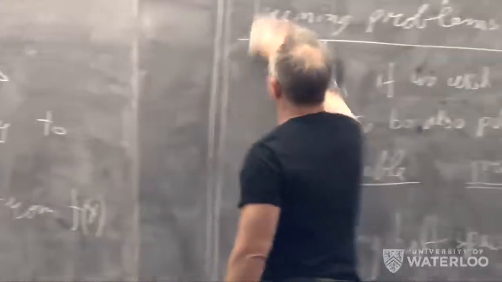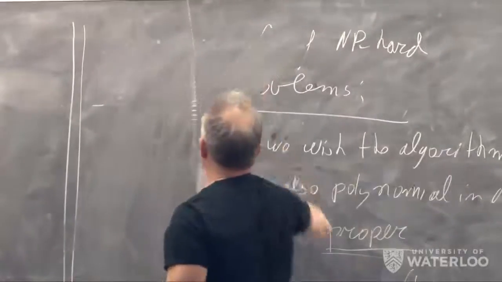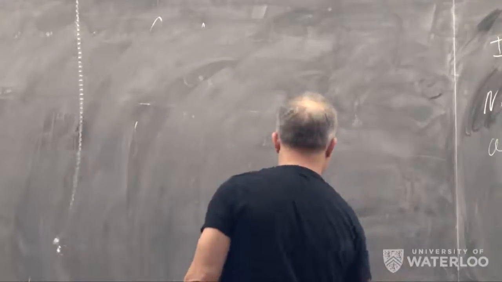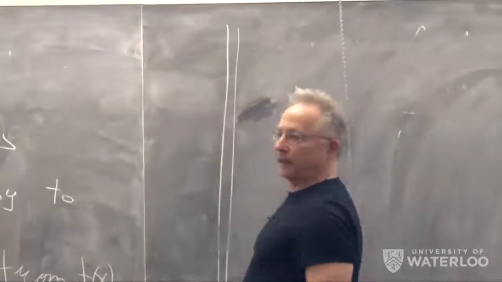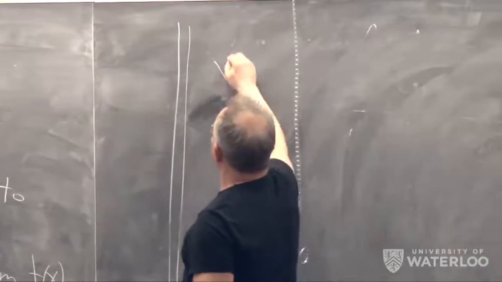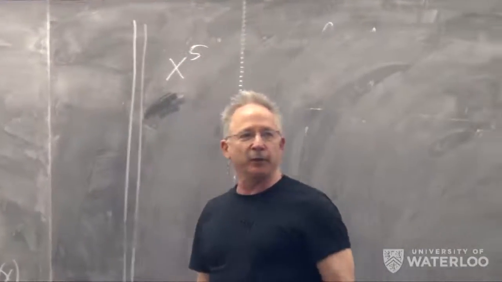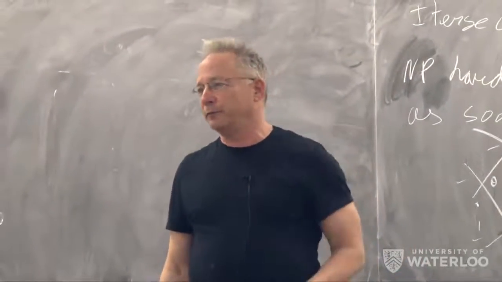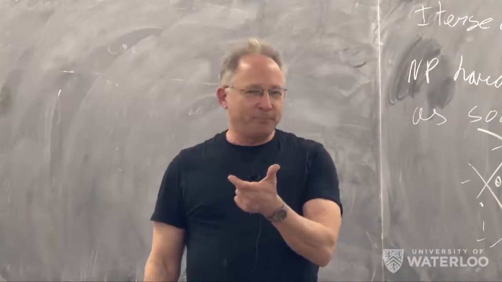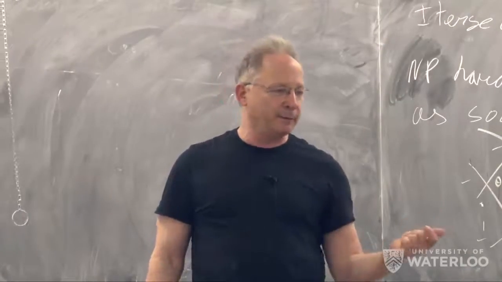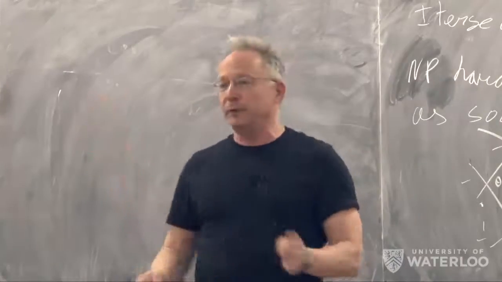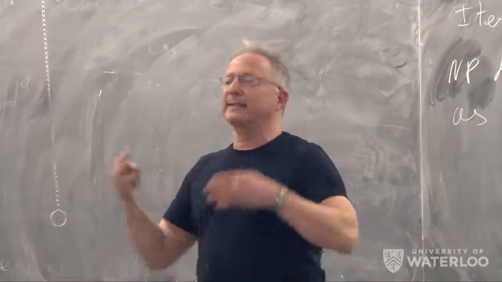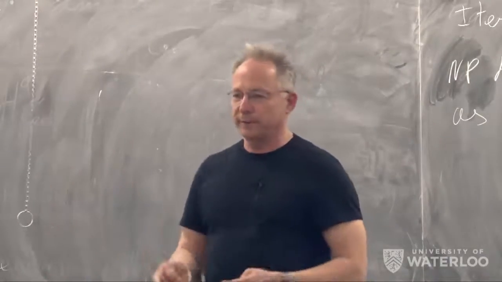A very intuitive such function is, say, x to the power 5. If I give you a number, it's very easy to take it to the power 5. But if I give you the fifth power of a number and ask you what is the number, it's going to be hard. This is not hard for a computer, but it's hard for us. For us, even with x squared, it's easier to take the squares than to find the square root.